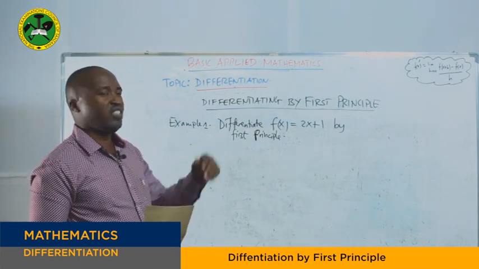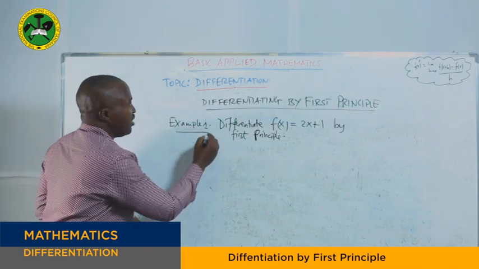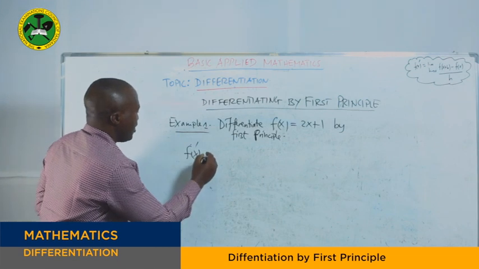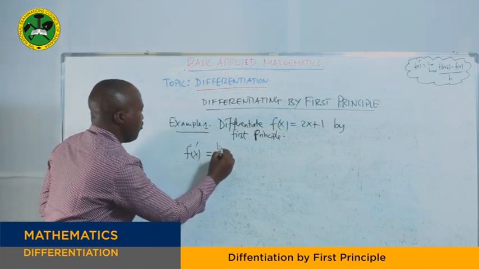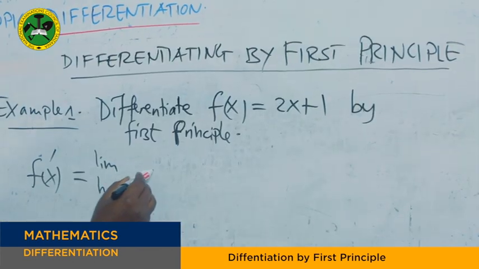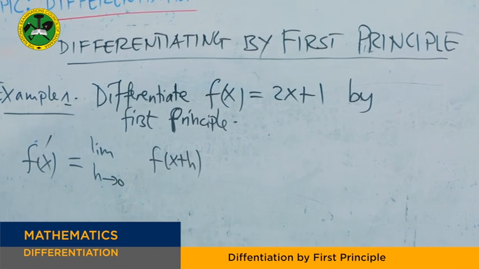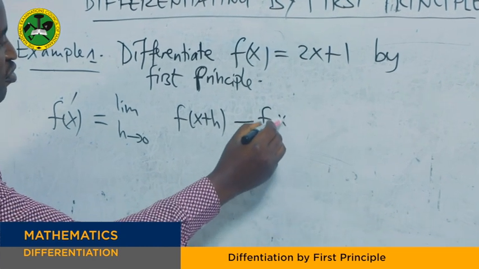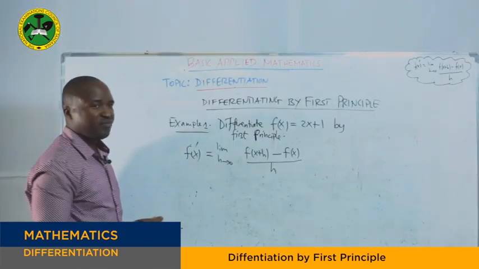Now, looking at our general formula, which says if you are looking for the derivative of f of x, that is f dash of x, this is equal to the limit as h approaches 0 of f of x plus h, where h is a small change, minus f of x, then divide by h.